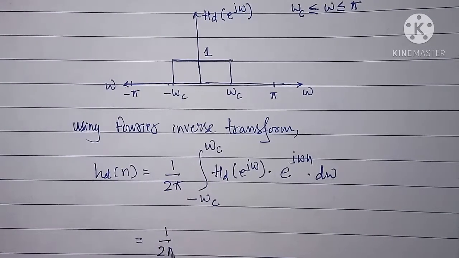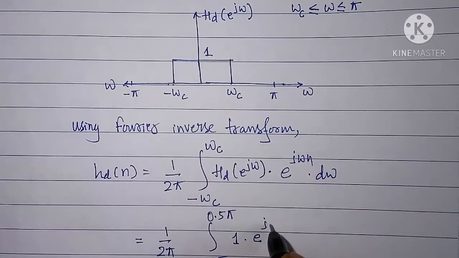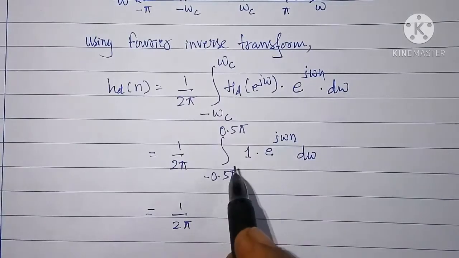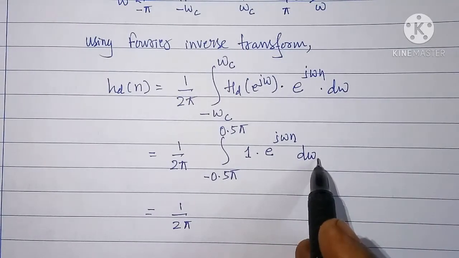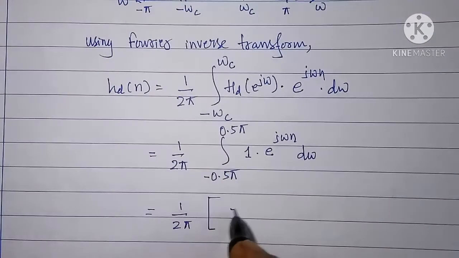That is 1 by 2 pi integration from minus 0.5 pi to plus 0.5 pi one into e raised to j omega n d omega, that is equal to 1 by 2 pi integration of e raised to j omega n with respect to d omega is e raised to j omega n by jn, that is e raised to j omega n upon jn.